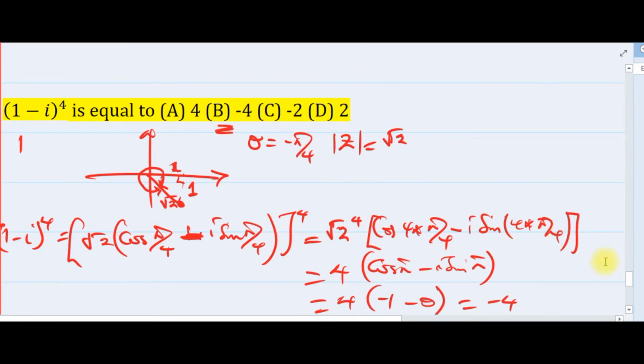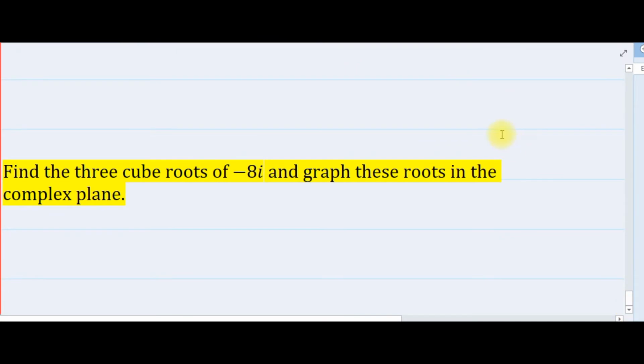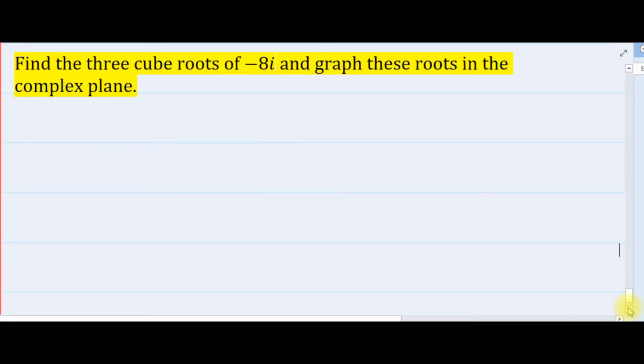The next question, we are asked to find the 3 cube roots of minus 8. So let's just graph this first and get our argument. The real part is 0 and the imaginary part is minus 8, so this should be negative.